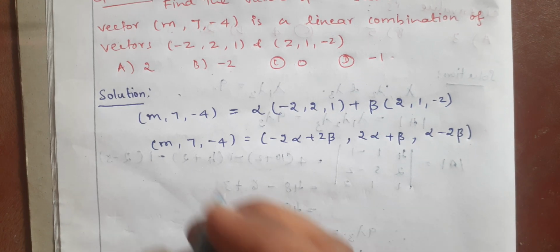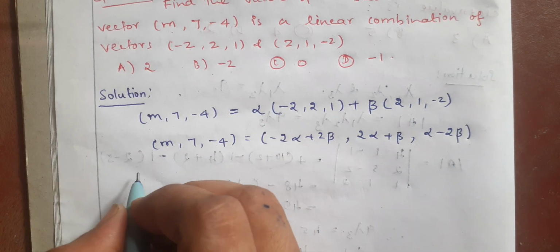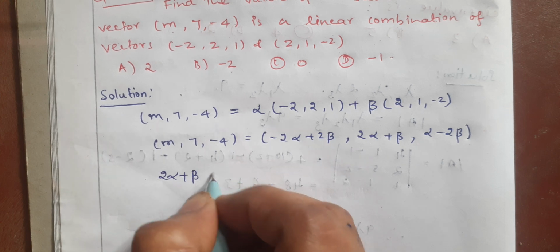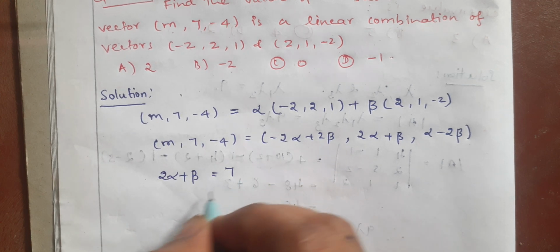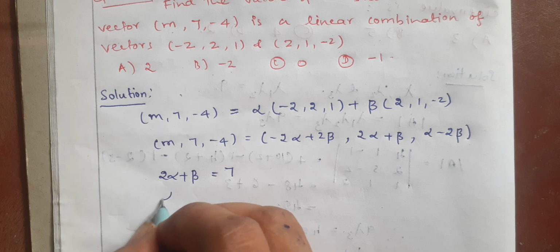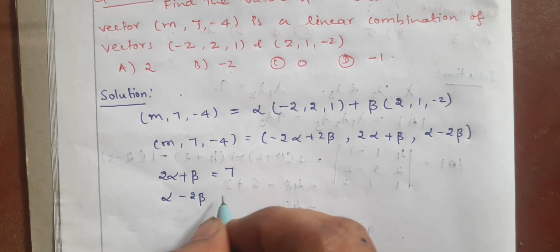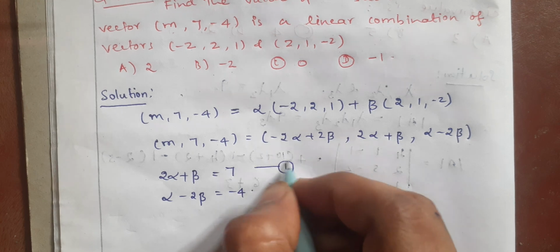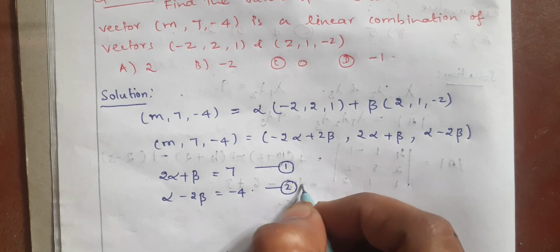So comparing coordinates, we get 2 alpha plus beta is equal to 7 and alpha minus 2 beta is equal to -4. Call this equation number 1, and this equation number 2.